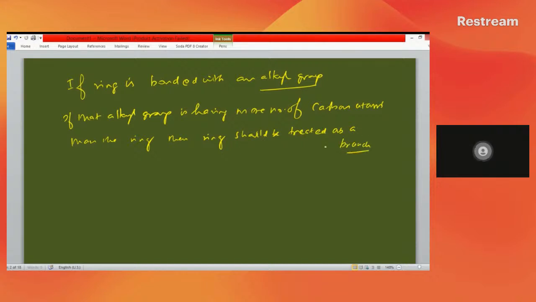Very important. The ring is treated as a branch when the alkyl group has more carbon atoms than the ring structure.